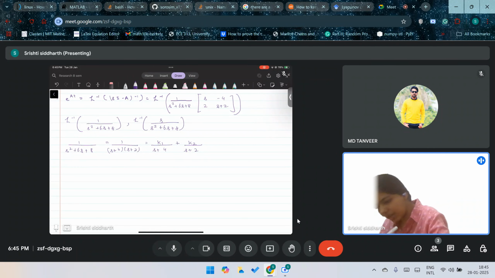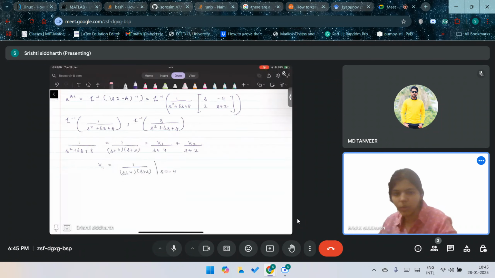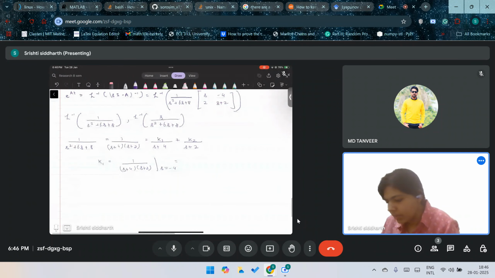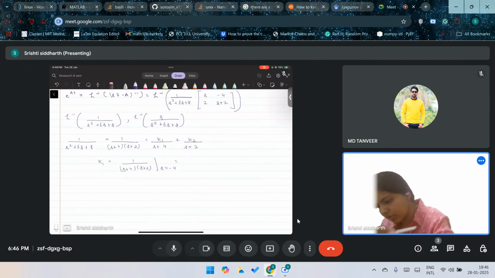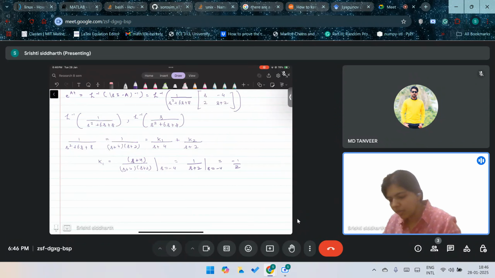And the way to find K1 and K2 is very simple. So K1 is 1 upon (s plus 4)(s plus 2), multiplied by s plus 4, evaluated at s equals minus 4. Sorry, minus 2. So this is just minus half.